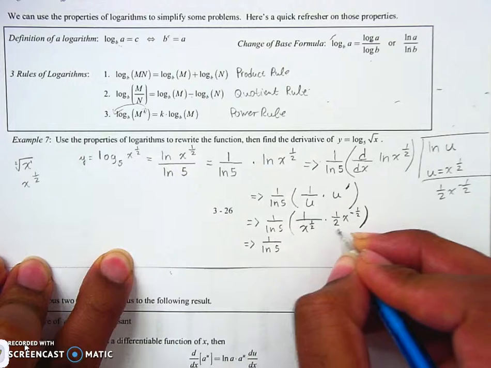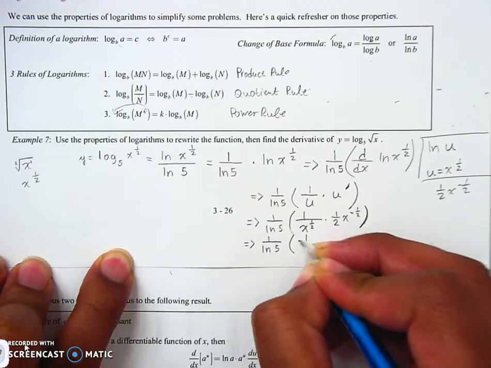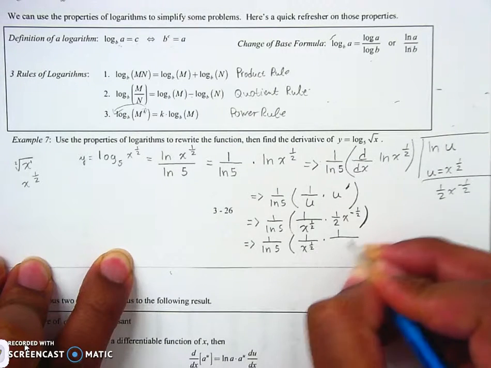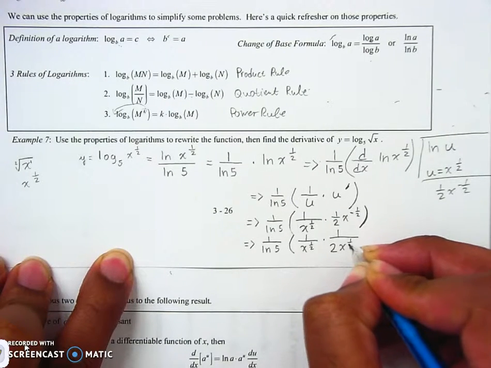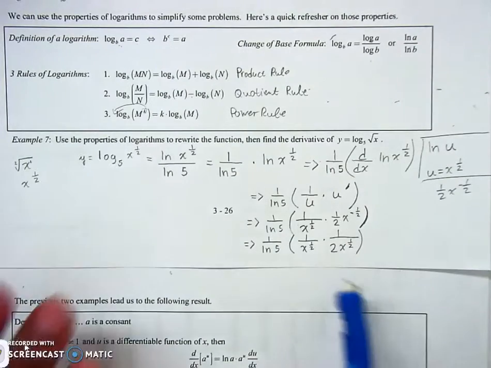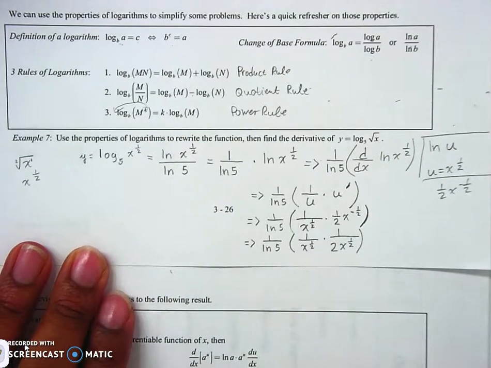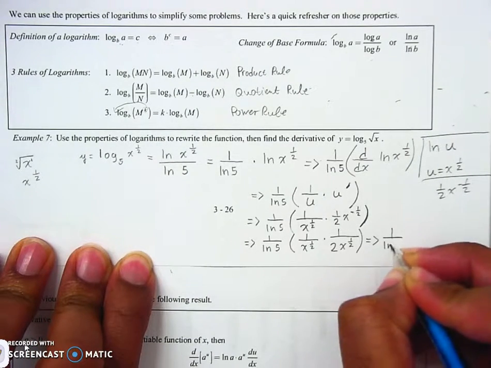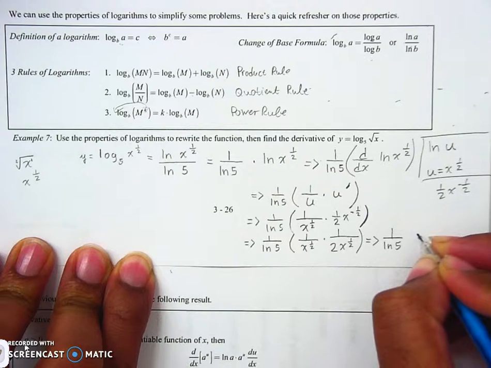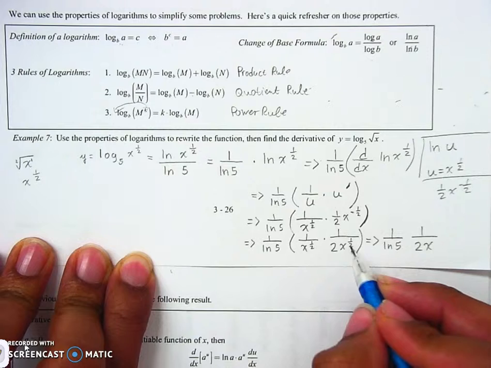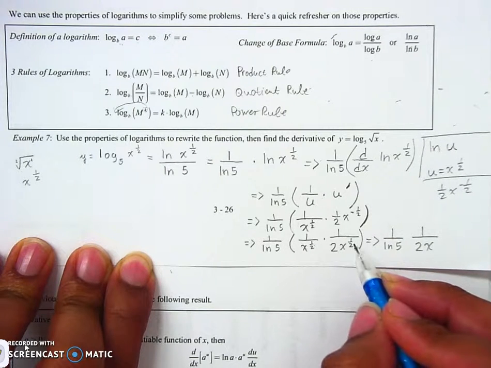That will bring it down. So we will have 1 over x to the 1/2 power times 1 over 2x to the 1/2 power, all times 1 over natural log 5. Remember, when we multiply, we just add the exponents, so 1/2 plus 1/2 is 1.